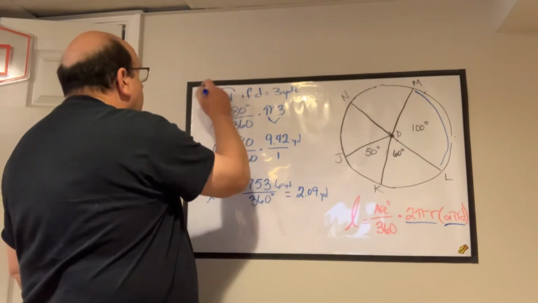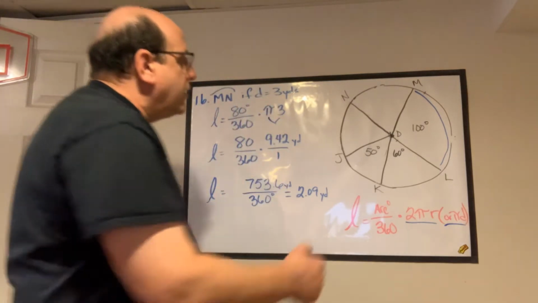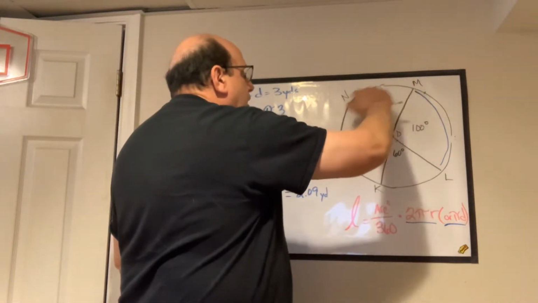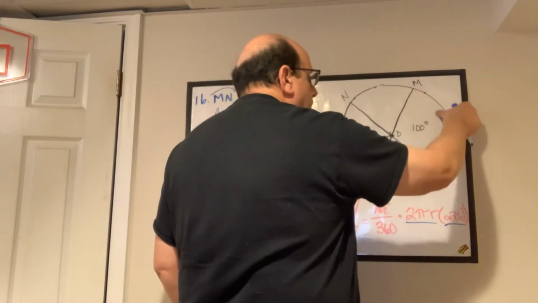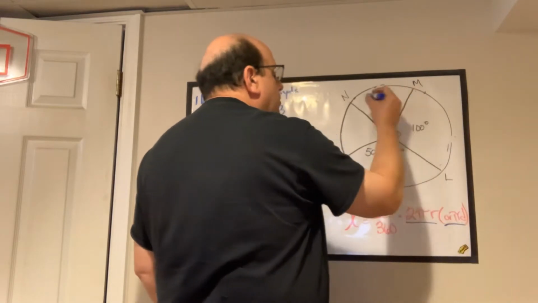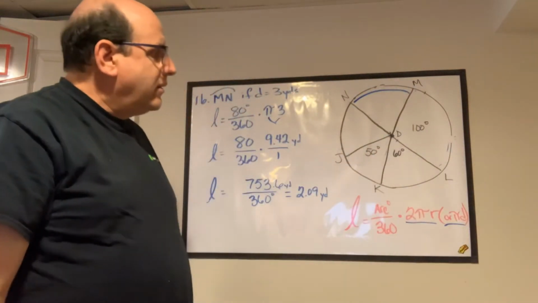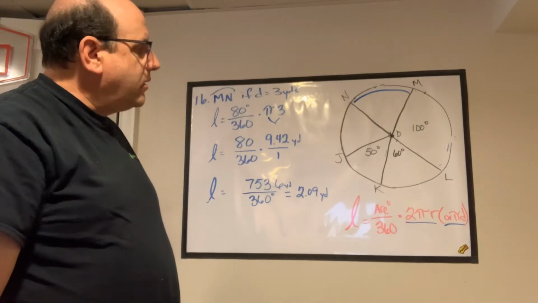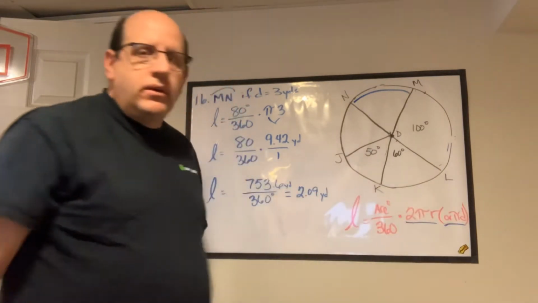So this is number 16, and it says find the measure of the length of MN if the diameter is 3 yards. So now we're looking for MN. Well, I don't know the length of this arc in terms of degrees, but I do know that this is a diameter.